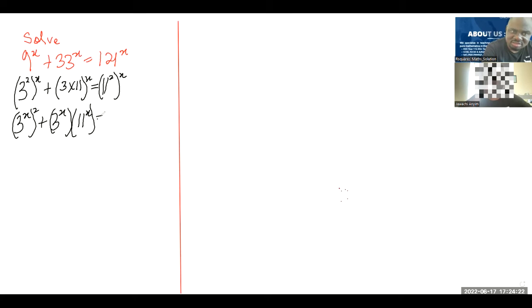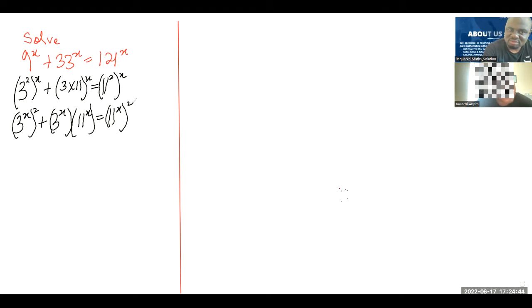We can rewrite 11 squared to power x to become 11 to power x bracket square. Now, if we look at it very well, we'll discover that we have base 3 and we have base 11.